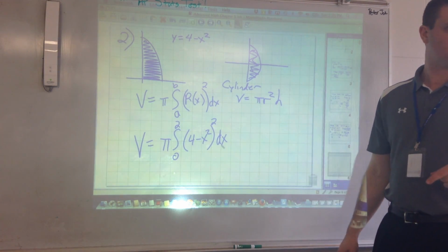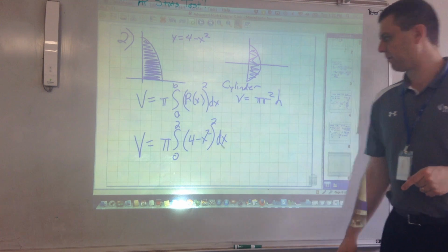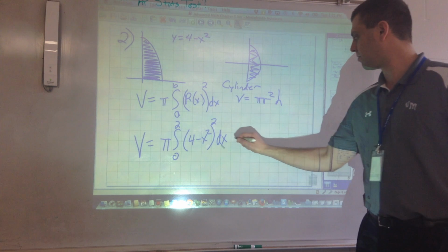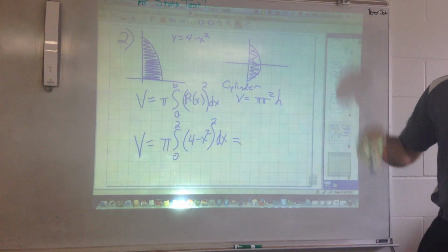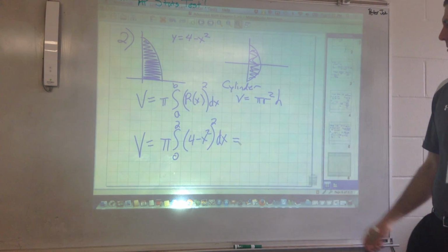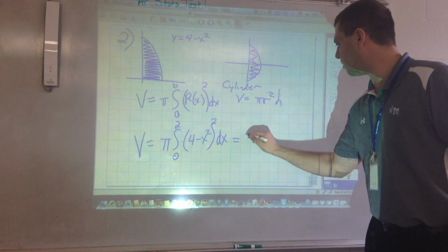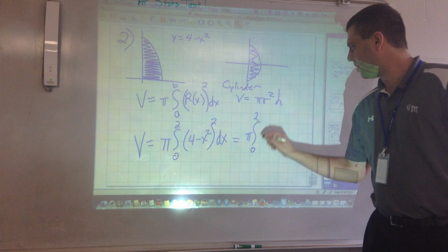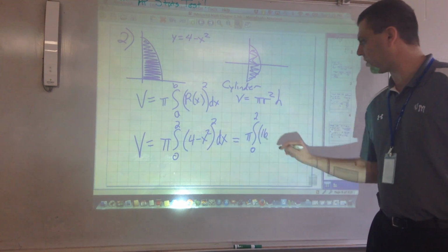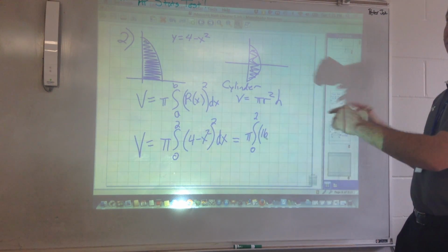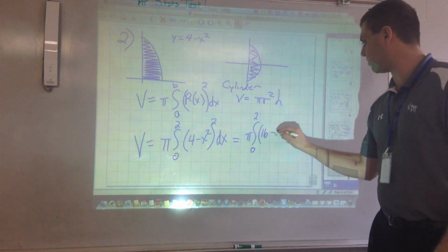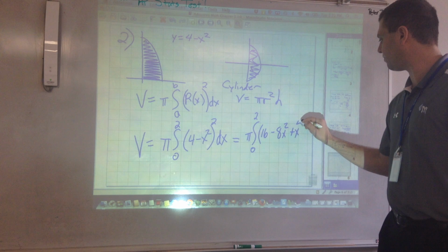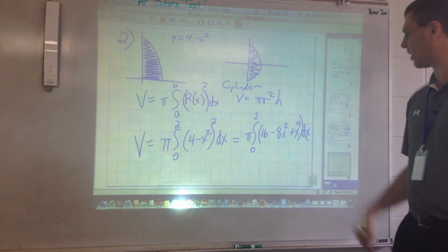And then just use substitution. No, you won't even have to. I just square it and then take the antiderivative of each term. So pi times the antiderivative from 0 to 2 of 16 minus 4x squared minus 4x squared, so minus 8x squared plus x to the 4th, dx, right?